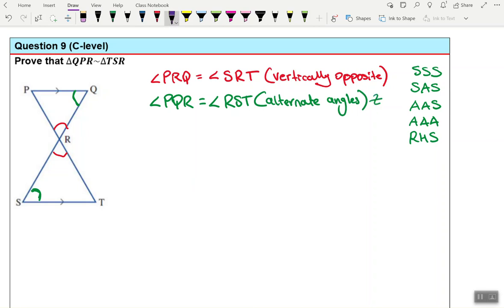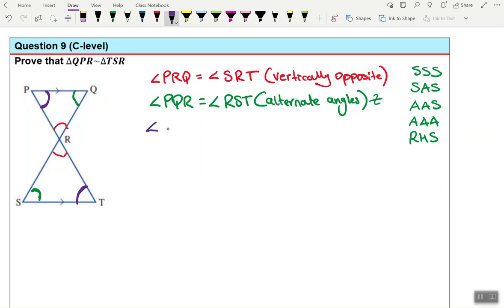Okay, and then lastly, we can see another Z over here the other way, basically. That's a Z there, and so that means that angle is equal to that angle there. So we will write it out.